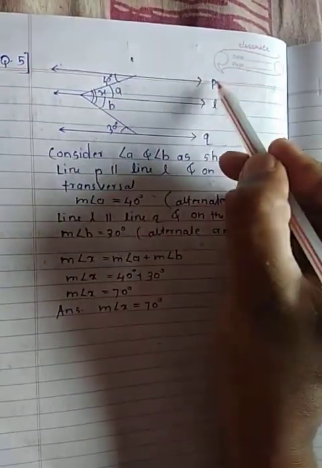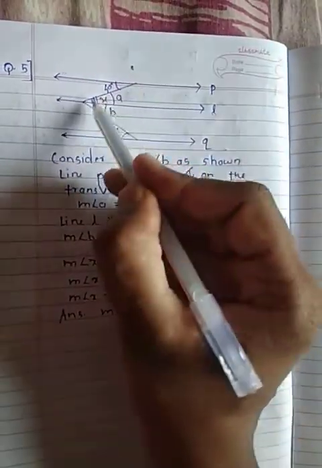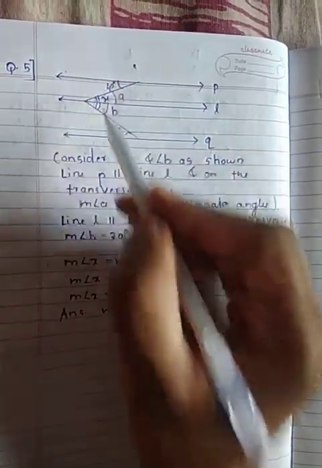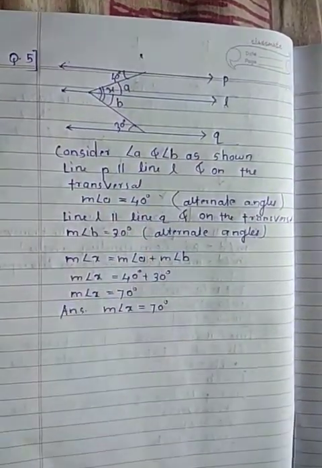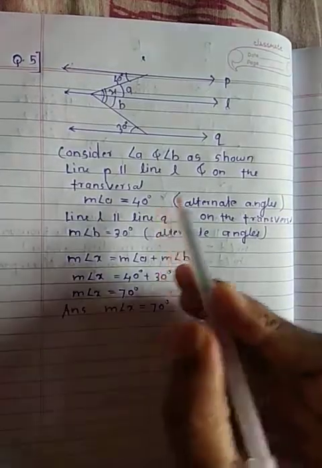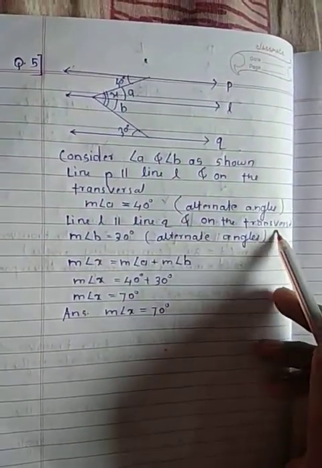If you see that line P is parallel to line L, and this is the transversal on that, so angle A and 40 degrees are alternate angles. So the measure of angle A is 40 degrees. Similarly, line L is parallel to line Q on the transversal.